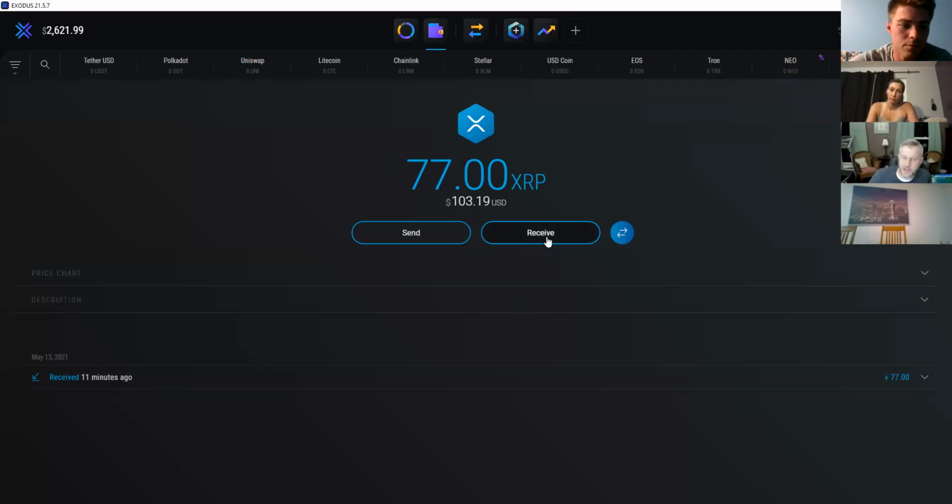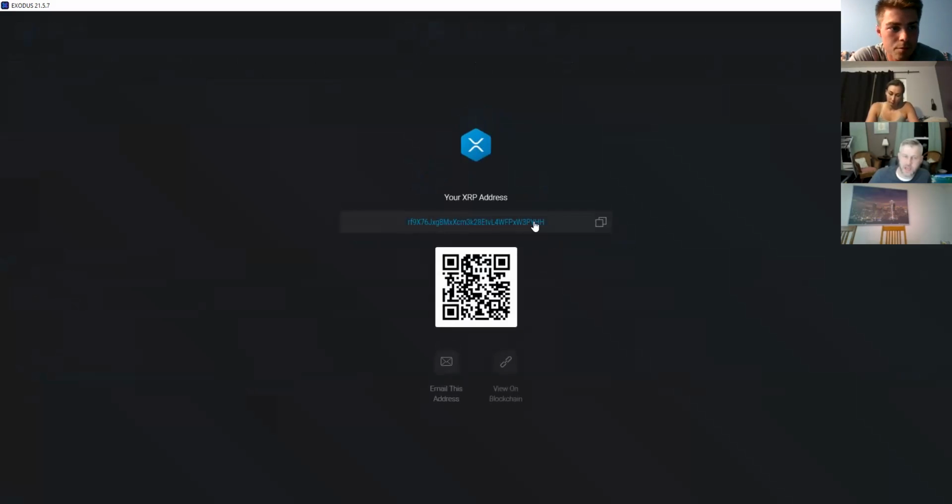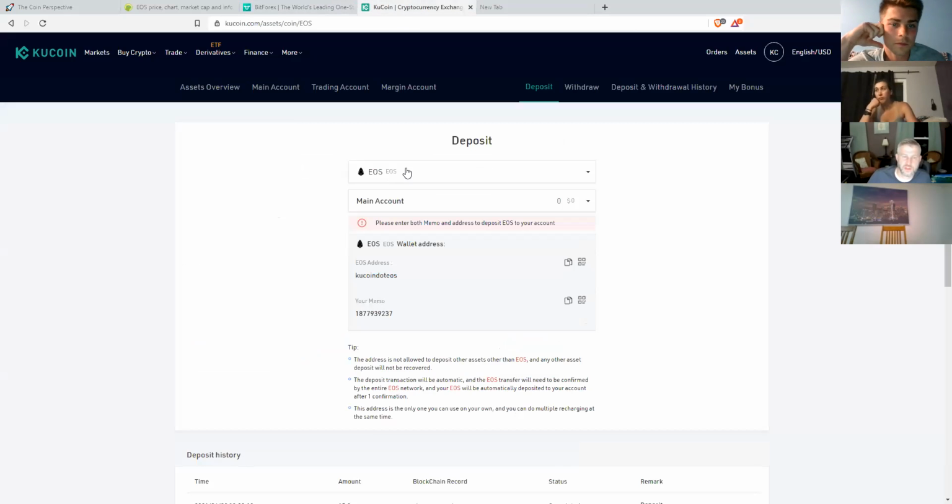Basically, I clicked my receive address. In a lot of wallets, all you need is the address, but sometimes for exchanges you will need an address plus a memo. The memo is a little different than most wallets. For EOS, if I deposit EOS into my KuCoin account, it gives me a wallet address, KuCoin.eos, written out.